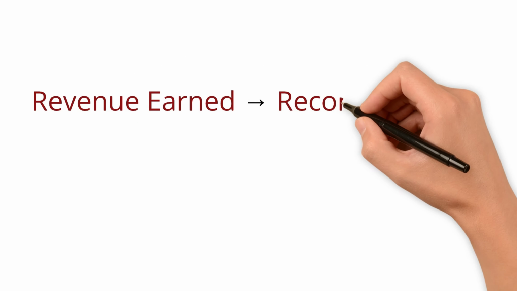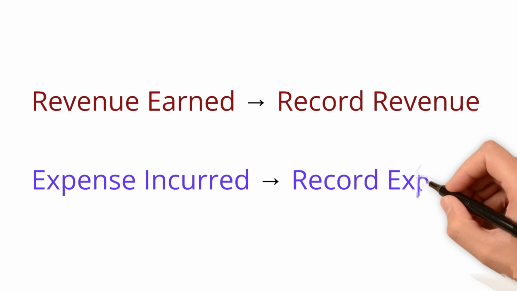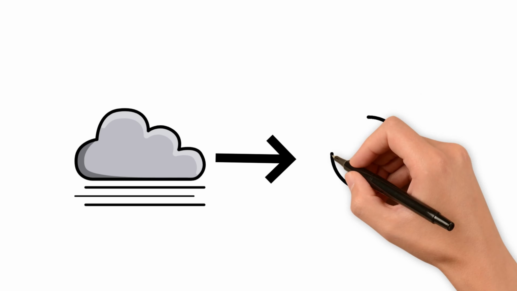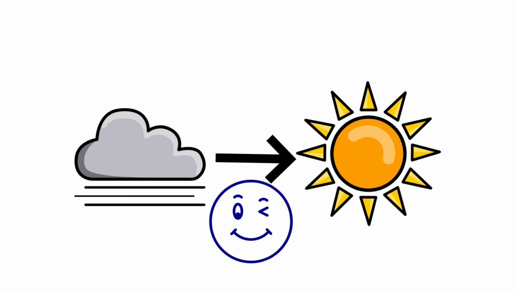You know that revenue is recorded when it's earned and expenses are recorded when they happen. This simple but powerful shift gives you the clarity to see the true story of your business. You've gone from being baffled by the numbers to being in control of them.